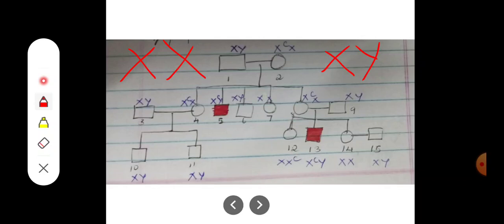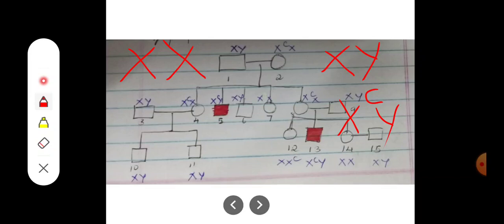If the male is affected, we write X^C Y, because males have only one X chromosome. If that one X carries the disease and is transferred to a male, that male will be affected by color blindness, because males do not have a perfect pair; XX is not present in males.